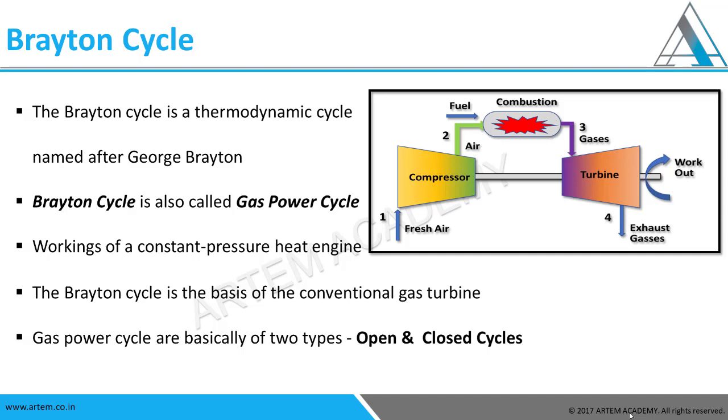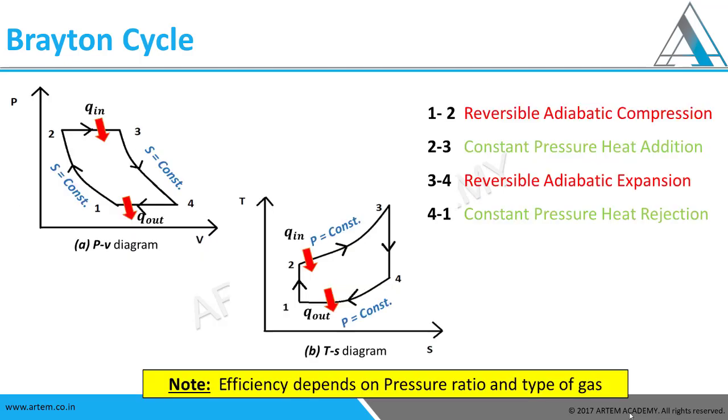So let's look how the TS and the PV diagram looks like and what are the ideal processes that are assumed in the Brayton cycle. This is the PV diagram and the TS diagram. Here you can see the process 1 to 2. It is reversible adiabatic compression.